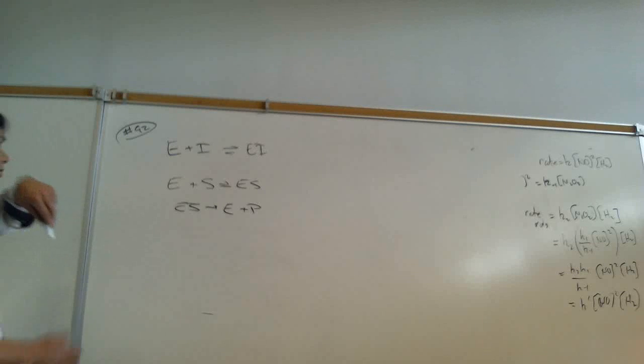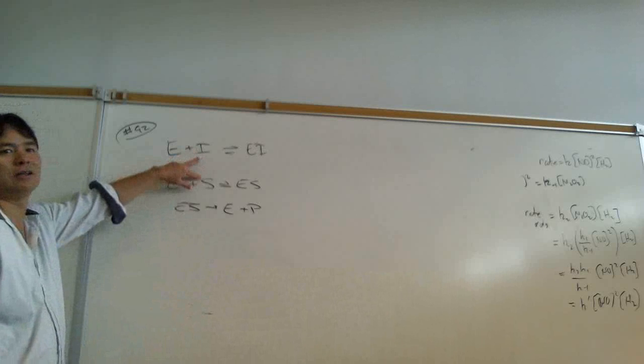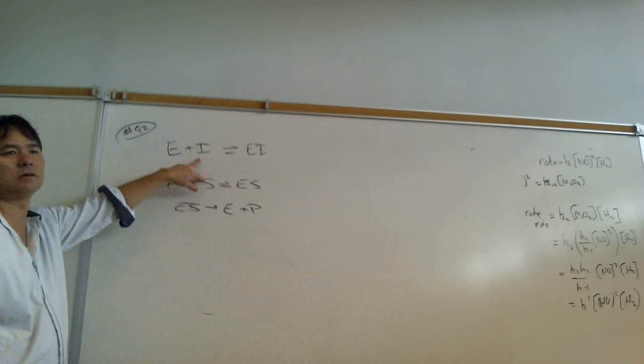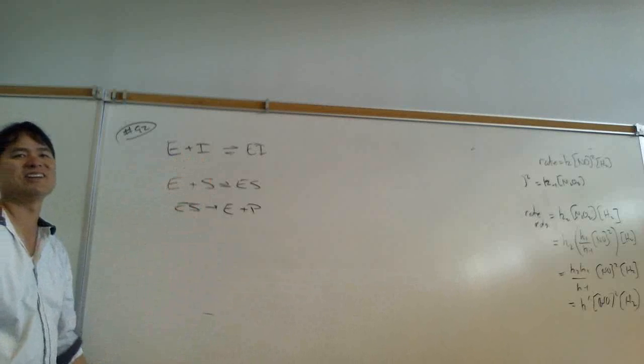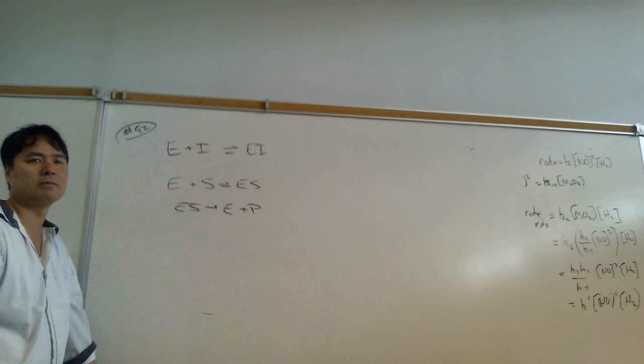Yeah, right, because now the enzyme is going to have some competition. The inhibitor isn't going to lead to the product. And if it's a very strong inhibitor, then it's going to disable the enzyme.